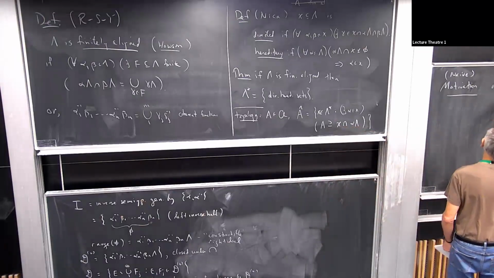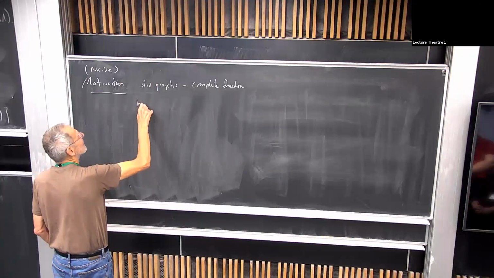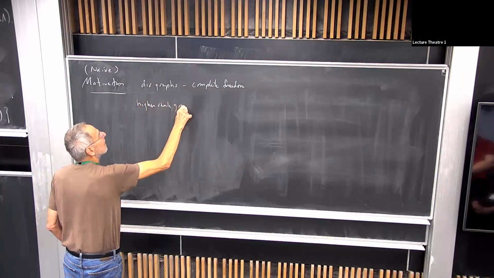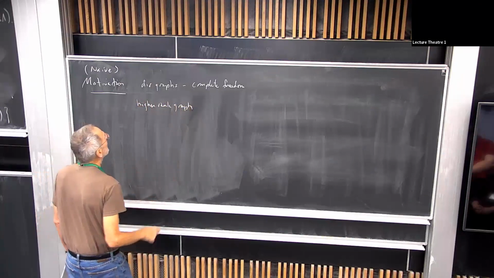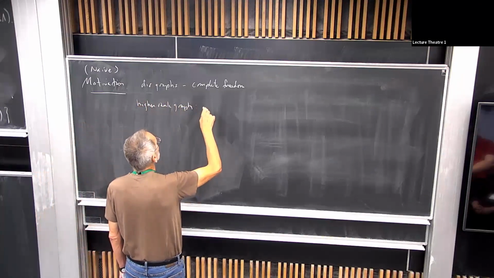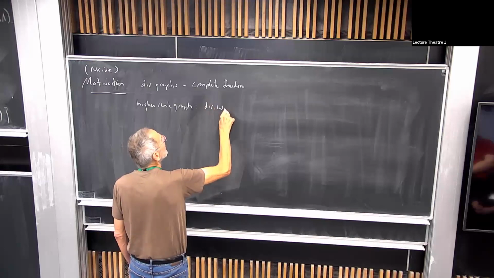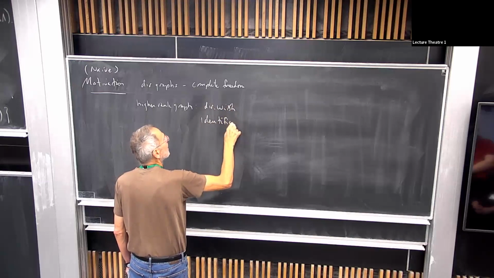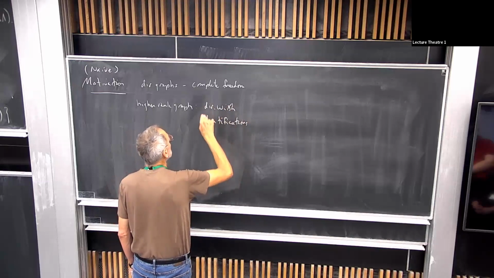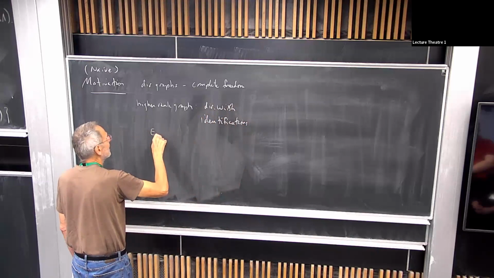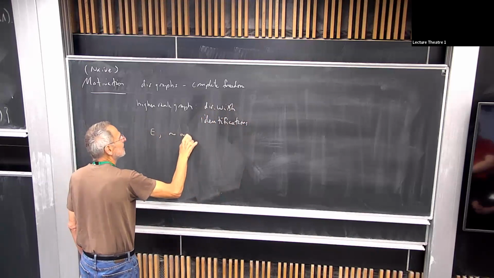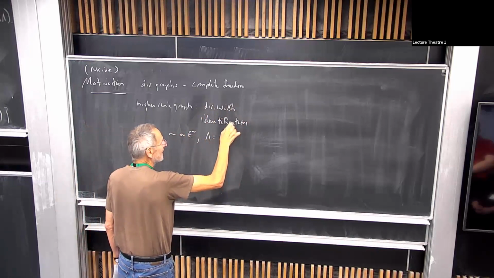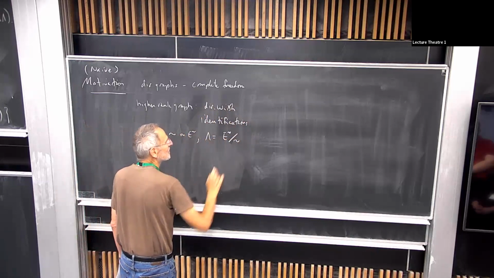Now, the next step up from directed graphs is higher rank graphs. A higher rank graph is a directed graph with identifications. So we have a directed graph E, we have an equivalence relation on E star, and lambda is the path category of the graph modulo this equivalence relation.